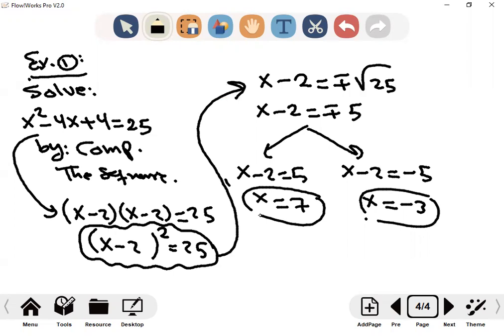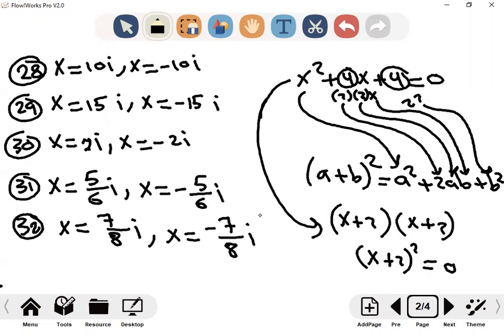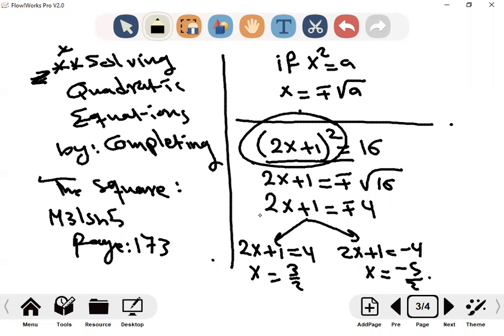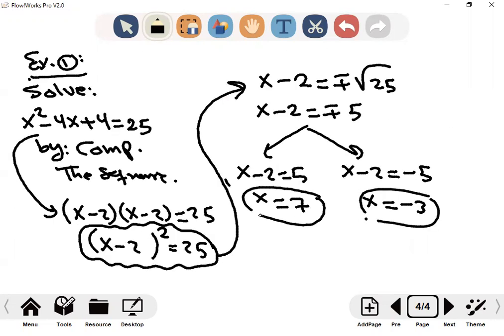Got it? But I factorized, right? But if I can use this way, also it's okay. Two numbers, if you multiply them plus 4, if you add them negative 4.